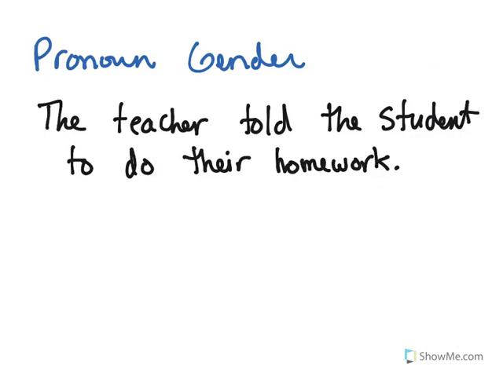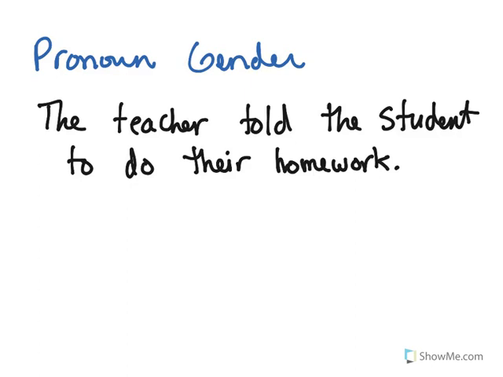Pronouns also have to agree in gender, and this can be a little bit tricky sometimes because English doesn't have a neutral, singular pronoun for the third person. They or their or them is neutral. It doesn't matter if it's male or female, but when I use he or she or him or her or his or hers, all of a sudden there is nothing that says for men and women when it's singular.